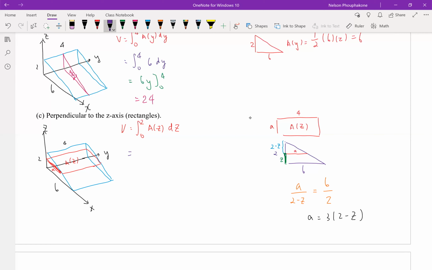Then to this one right here, I will integrate between 0 and 2 of 4A dz. And again, I would like to have A depend on z. So integrate between 0 and 2 of 4 times 3 times (2 minus z) dz. And of course, in this case, we could take out the 12.